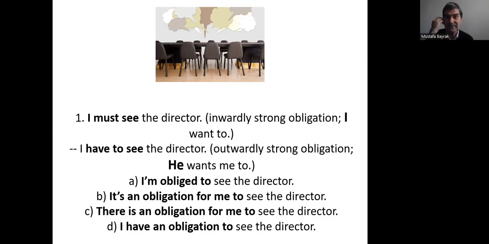But in B and C, we have to use for whom? For you, for me, for them, for Ahmed, for Murat, for Jones. But in D, there is no need to use for somebody. I have an obligation to see the director, or George has an obligation to see the director. You have an obligation to see the director.